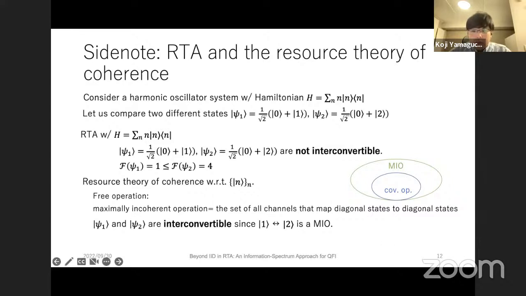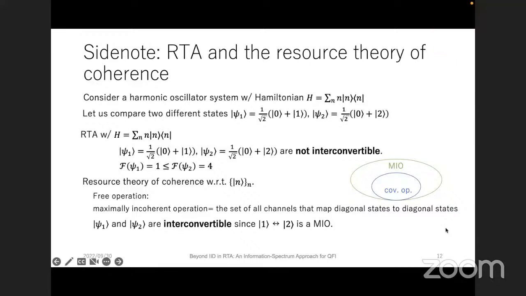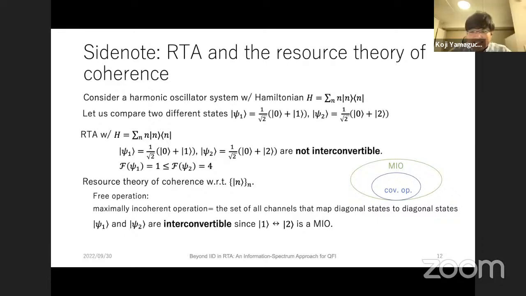And with this definition, it is easy to see that every covariant operation is a maximally incoherent operation, while the opposite is not true. And in the resource theory of coherence, these two states ψ1 and ψ2 are interconvertible, since the operation of exchanging the first excited state and the second excited state is a maximally incoherent operation.